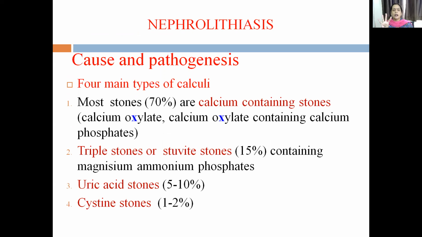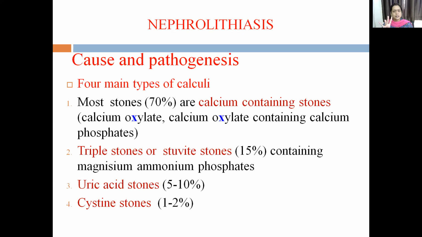In calcium, you have calcium oxalate stone or calcium phosphate stone. Calcium oxalate stone is usually seen in vegetarians, whenever you take more green leafy vegetables. Phosphate stones are usually seen as a result of intake of more dairy products, usually in children. Triple phosphate or struvite stones are usually associated with urinary tract infection with urease-producing organisms which cause ammonia splitting.